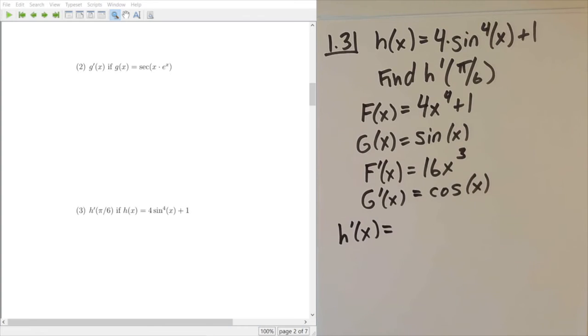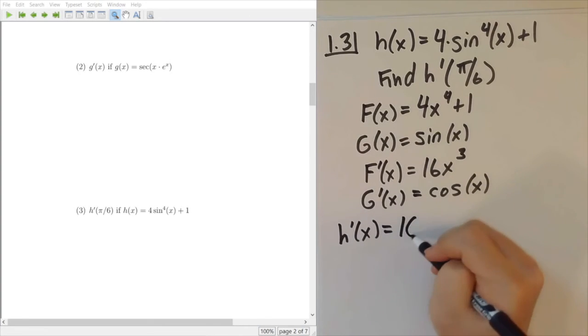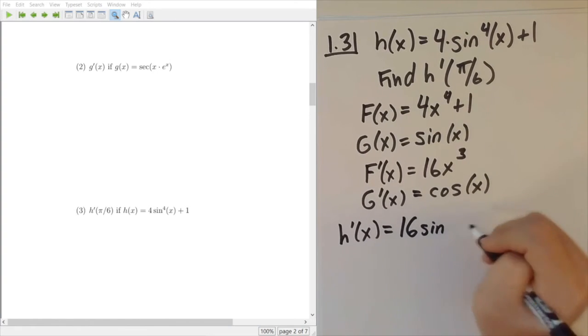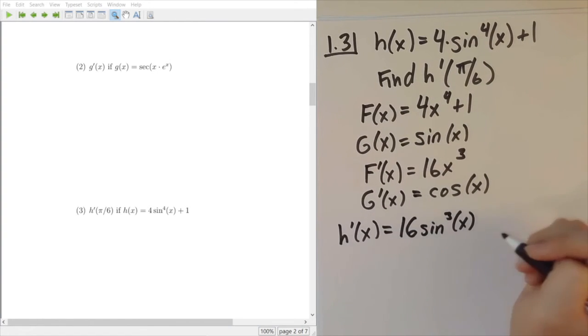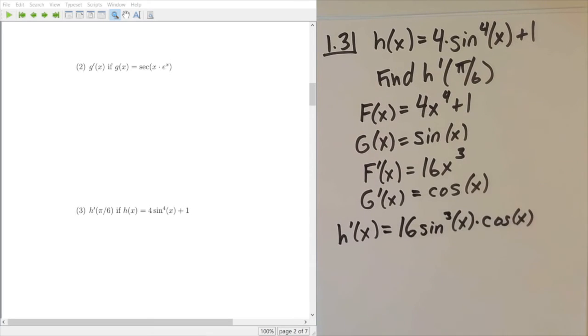So our derivative is going to be f prime of g, so that is 16 sine cubed of x times g prime, so times cosine of x. Okay, so now we have our derivative. All we have to do is plug pi over 6 into this derivative.